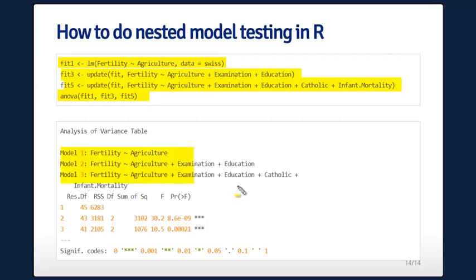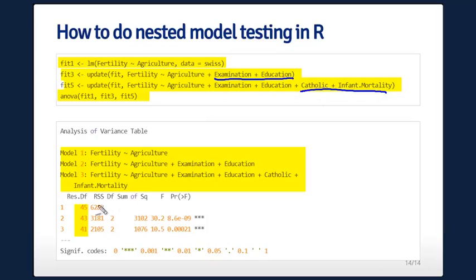So here, the output gives you the models that you're fitting. It gives you the degrees of freedom, which drop down. So we start out with 45 residual degrees of freedom. That's n minus p, and then we lose 2 more because we've added 2 more coefficients, and then we lose 2 more because we've added 2 more coefficients.